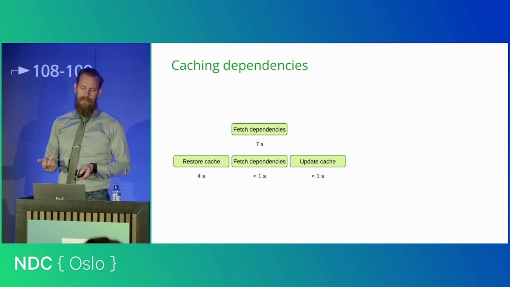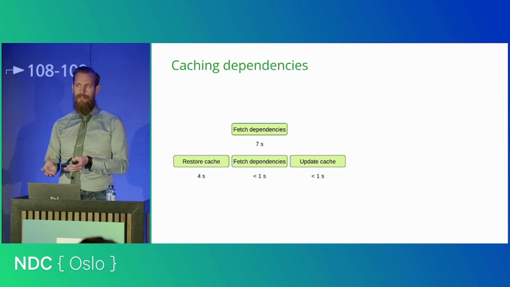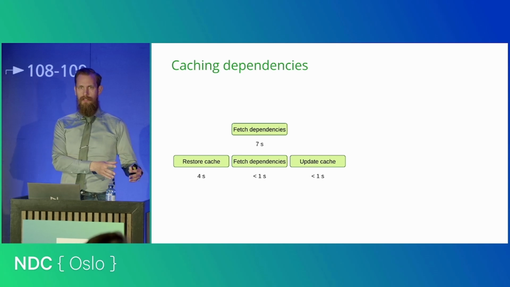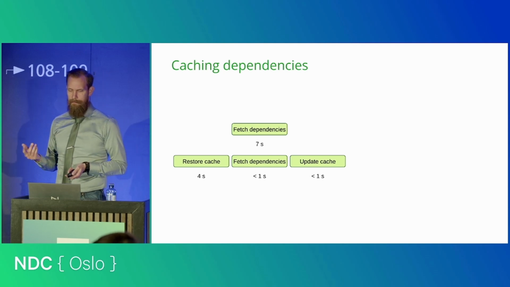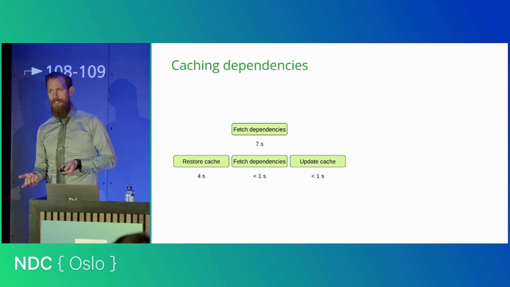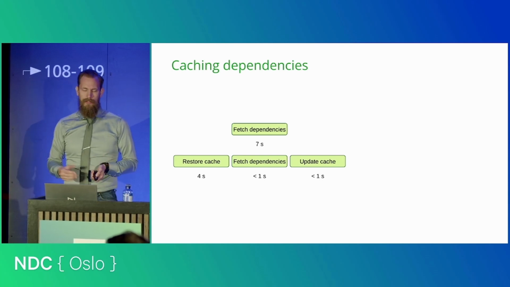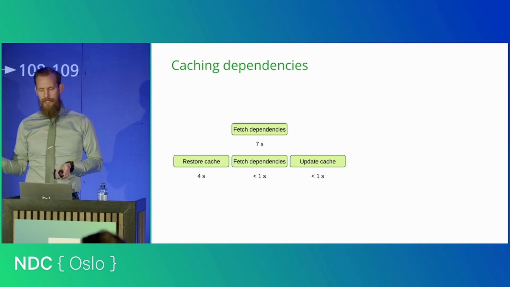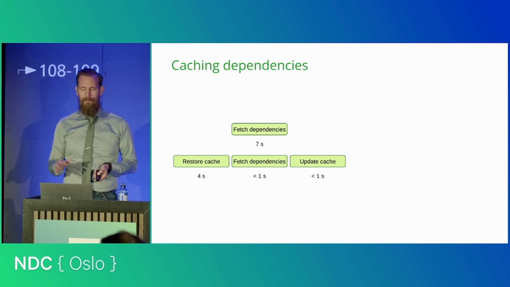In practice, because we're still downloading all of the same files, just from a server that sits in the same data center and not from a server across the internet. But then, of course, crates.io has a CDN, so the server is probably very, very close, even if it's not in the same data center. So in practice, we saved around 1.5 seconds by caching everything.